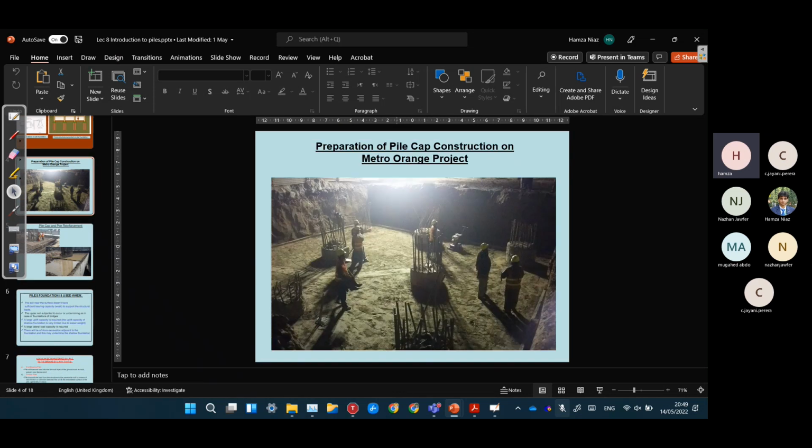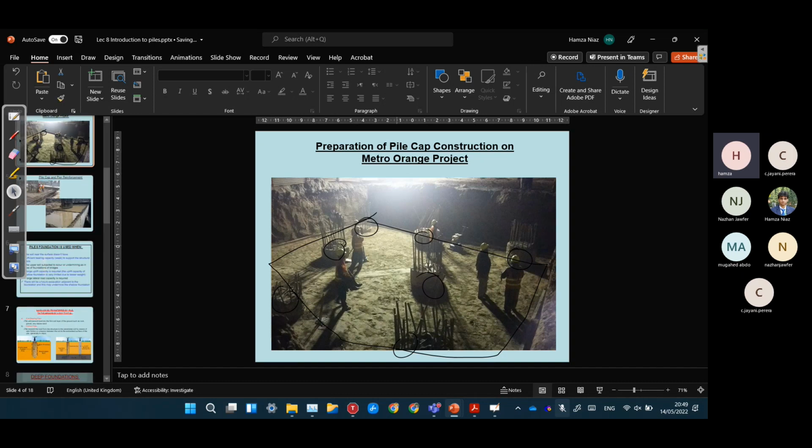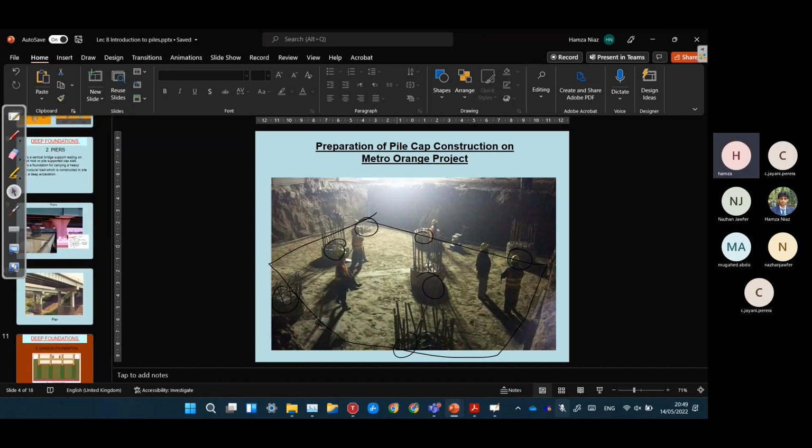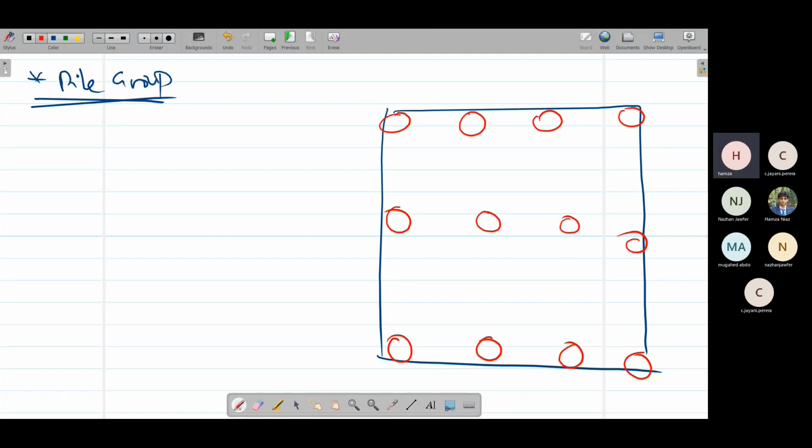So if you look at this picture, this whole is the pile cap, and these piles, 1 pile, 2 pile, 3 pile, 4 piles, 5 pile, 6 pile, all these piles are connecting to one pile cap. So this we call a pile group. For a pile group, there are a number of piles on the same pile cap.